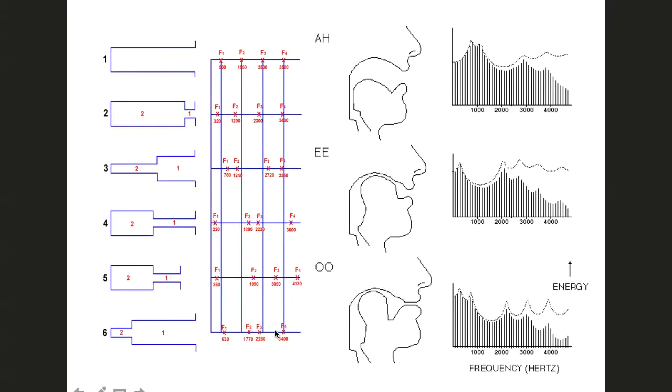This is the actual X-ray tracing, and this is a very simple model of it, and this is what the model would predict are the resonances of the person. So we have a fairly good understanding of what gesture corresponds to what formant frequency, especially in isolation.